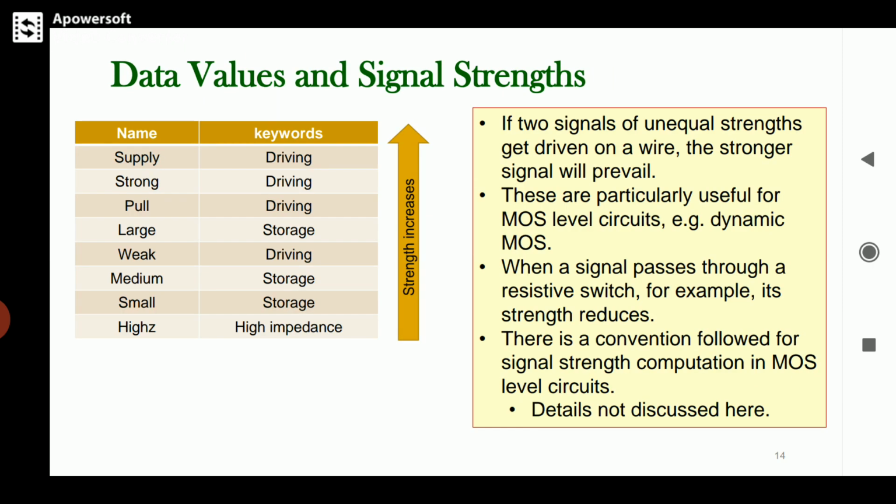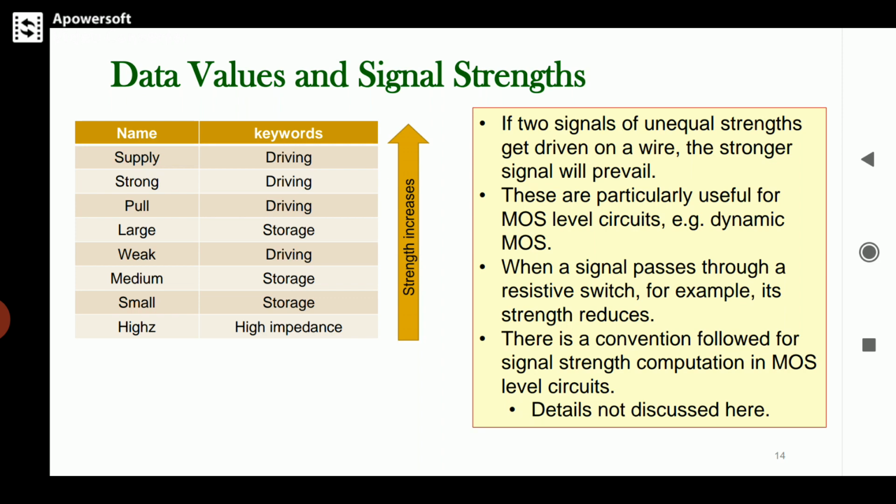Okay, this table shows the signal strengths of different data values in increasing order. Supply, that means logic 0 and logic 1, has the highest signal strength, whereas high impedance Z has the lowest signal strength. There are other data values and their signal strengths in between.